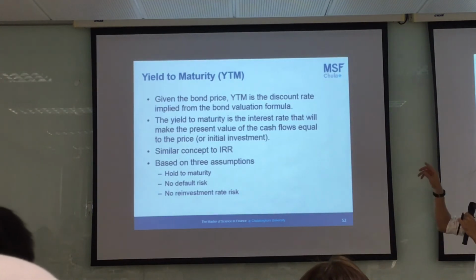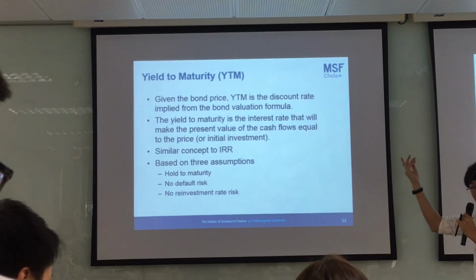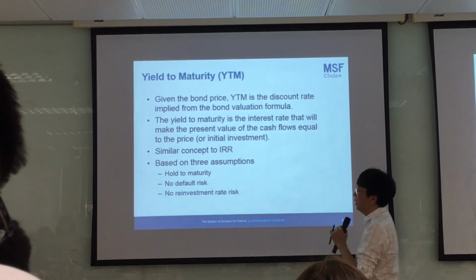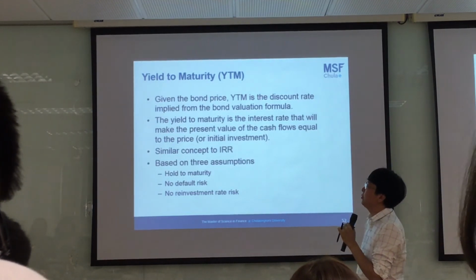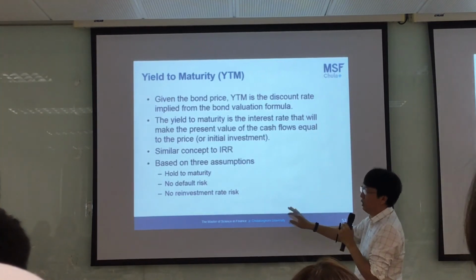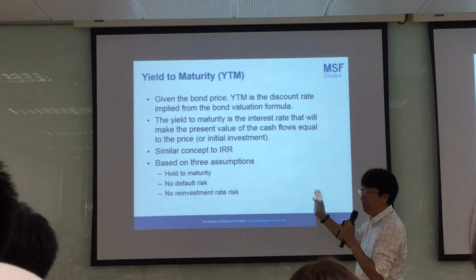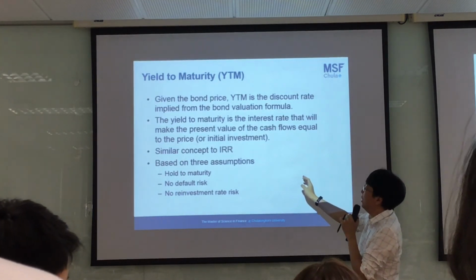As you can see, the cash flow that occurs at time 5, you divide by 1 plus R to the power of 5. So solving this kind of equation is hard. And how we can solve this, I will show you. I provide the approximate formula for you to solve for the yield to maturity.